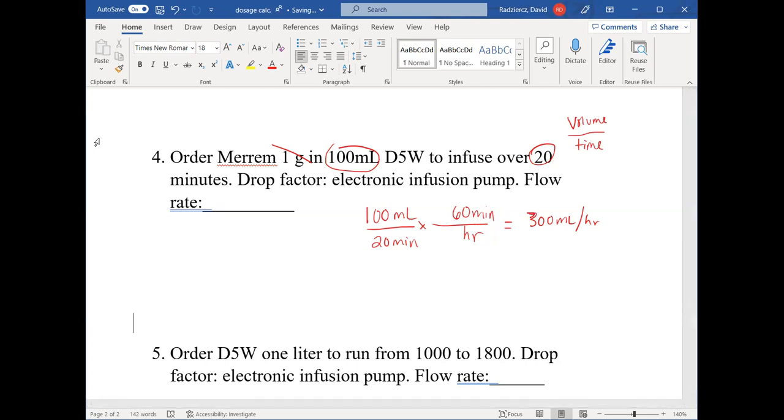And again, it's nice to see this too, because then we can eliminate, and you see that's extra information. So Marum is the medication. Do we care that the medication is in grams and that it's Marum? Absolutely. But as far as when we're calculating flow rate, I just care about volume over time. Correct. Yes. If we're talking about flow rate, it's milliliters per hour. If we're talking about drop rate, it's drops per minute.